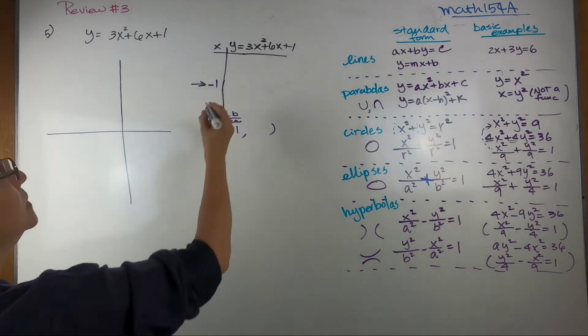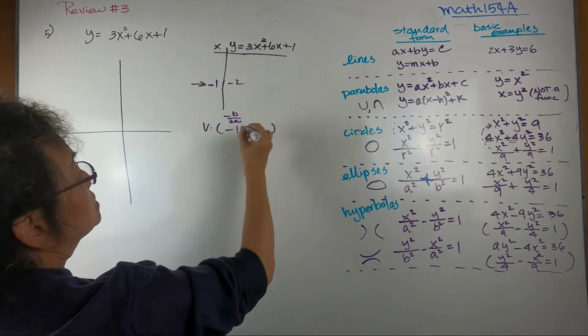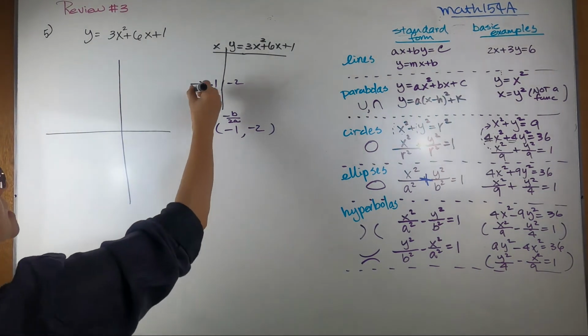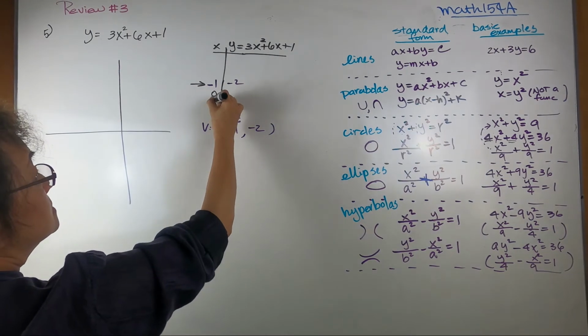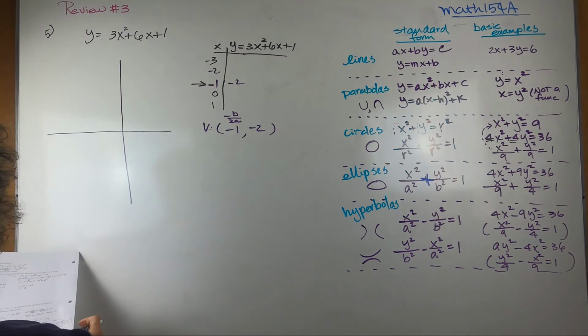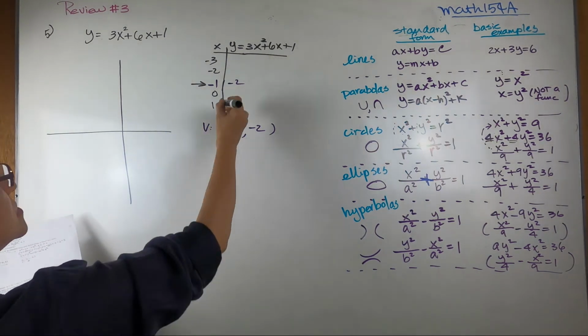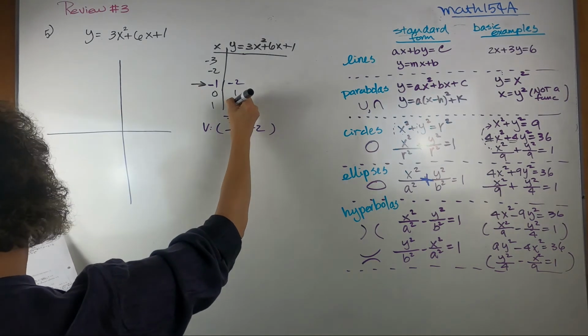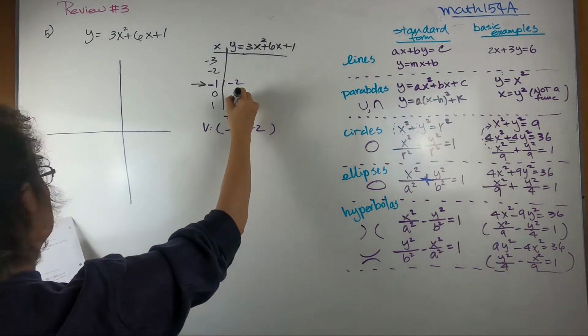What do you have? Negative 2, right? Then you will find at least 0, 1, negative 2, negative 3. You should find all these points. 0 is 1, and 1 will be 10.